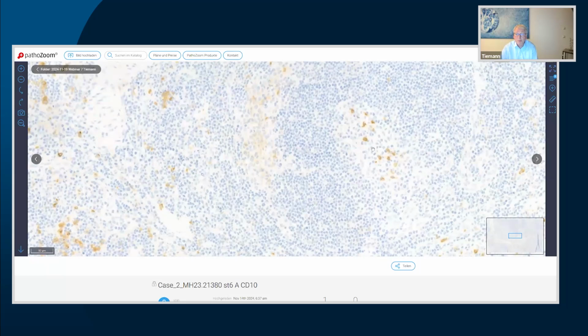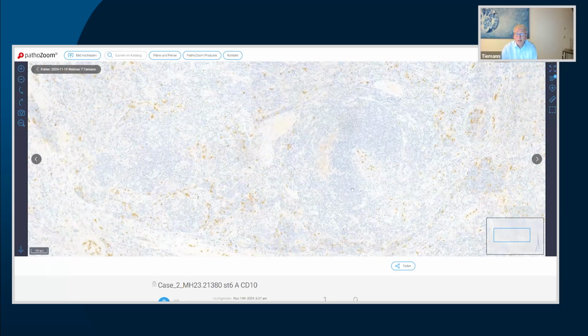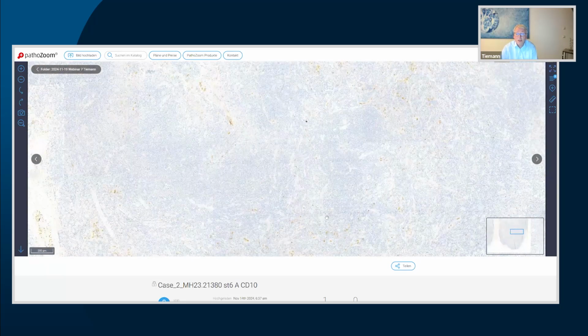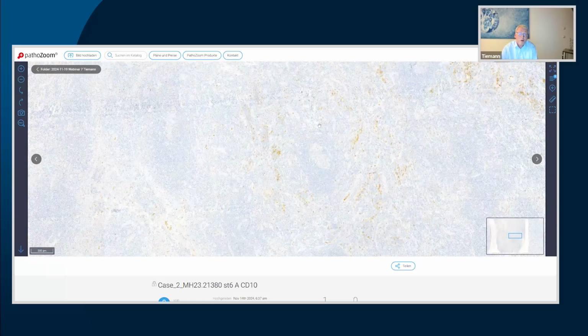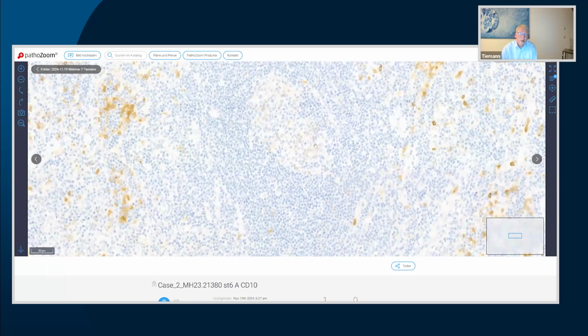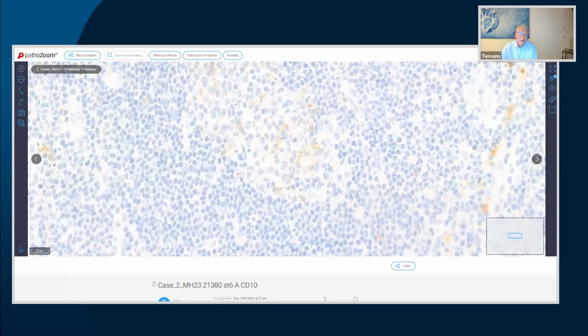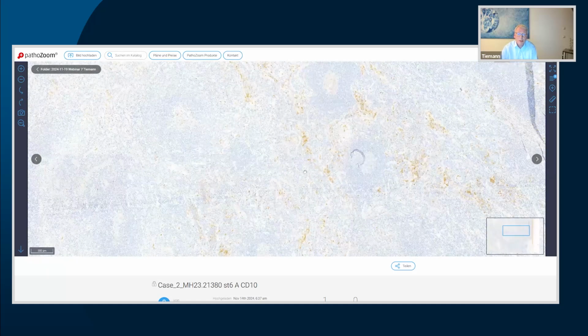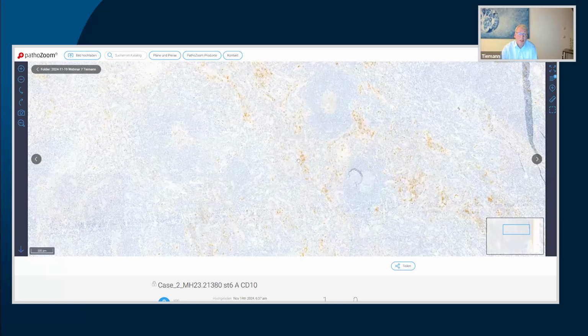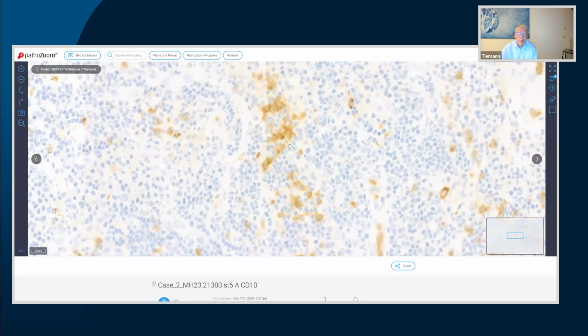Here the same, only single cells. This is a surprise here. Germinal center, only some blasts are within. The number is totally decreased. These within the sinuses are mostly neutrophils.